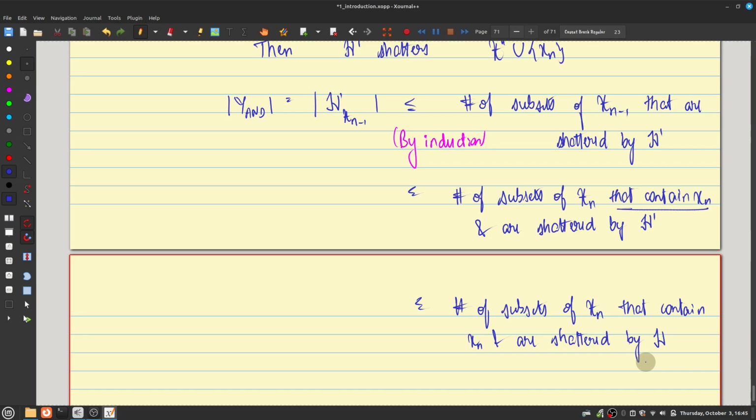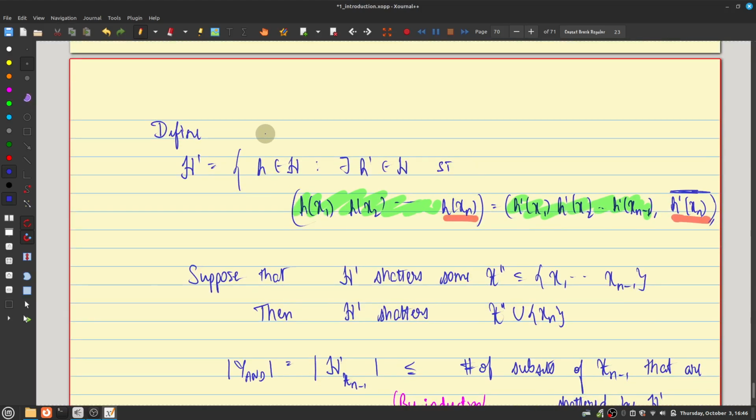Question? So H prime is some subset of the original hypothesis class. Correct, like that, the subset of H. So H contains more functions than H prime.